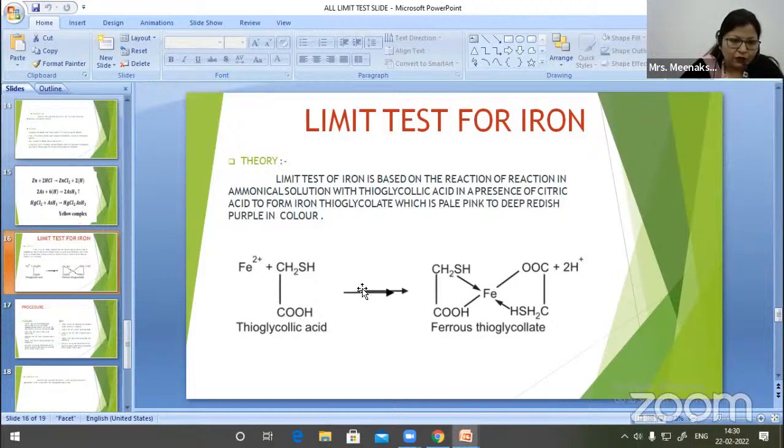Citric acid further helps the ferrous ions combine with the thioglycolic acid to make the ferrous thioglycolate complex. That is how we get the pinkish color here, and that pinkish to red or purplish color can be compared with that of the standard.